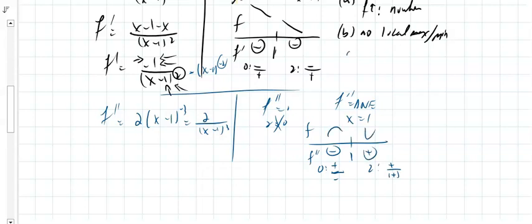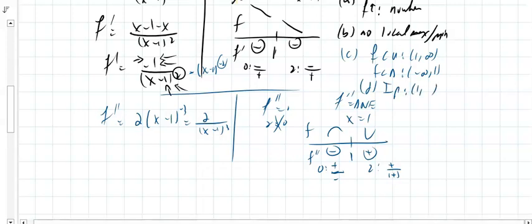So we know that C, f is concave up from 1 to infinity, and f is concave down from negative infinity to 1, and that means D, we have an inflection point at 1. If I plug 1 in, it'll be undefined, so we don't have an inflection point.